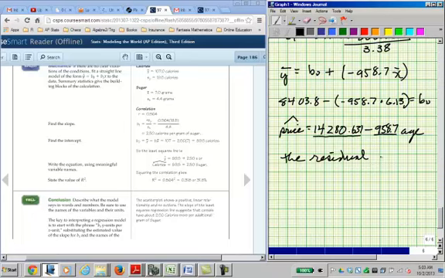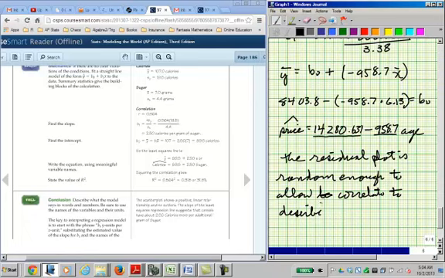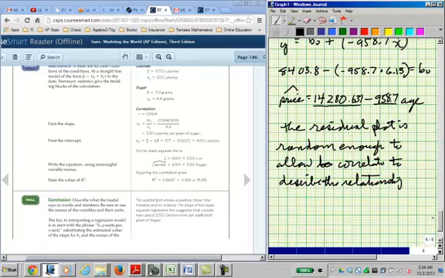This is the last precondition. The residual plot is random enough to allow correlation to describe the relationship between price and age for used Toyota Corollas.